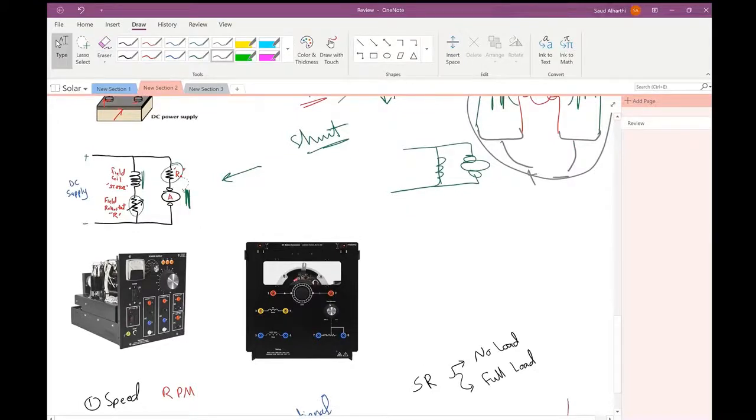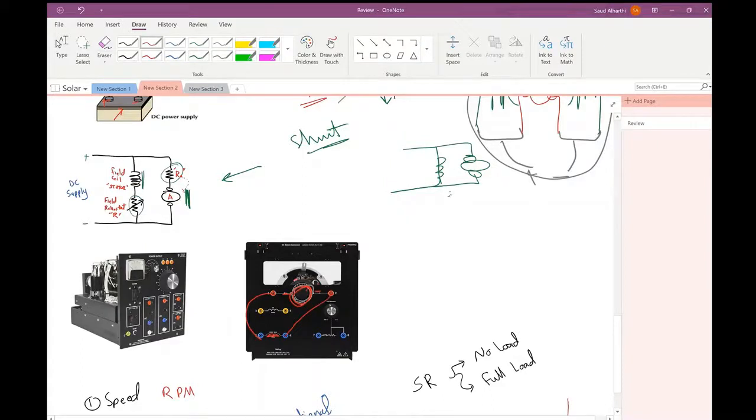In the practical session, this is the armature, this is the terminal for the armature, and this is the shunt coil or the field coil or the stator. Since I'm connecting them in parallel, I connect 1 to 5 and 2 to 6, like the circuit.